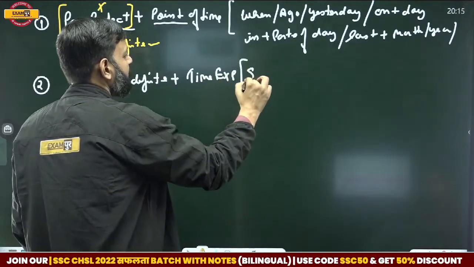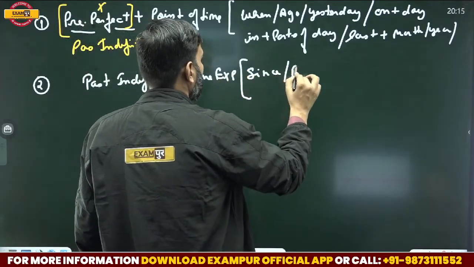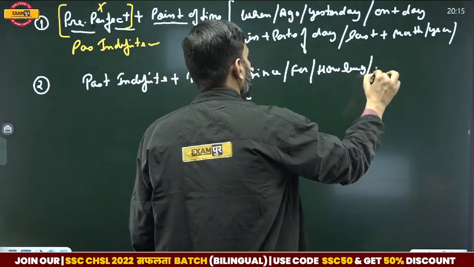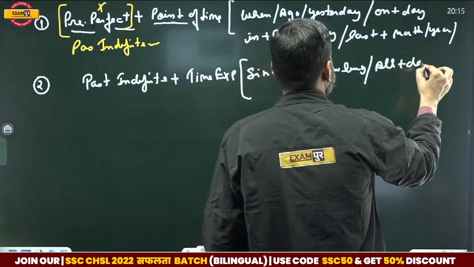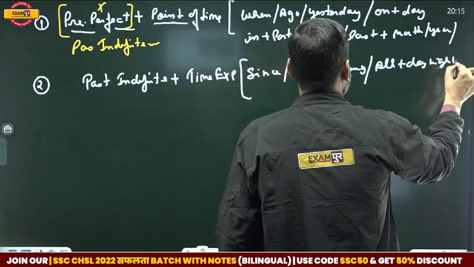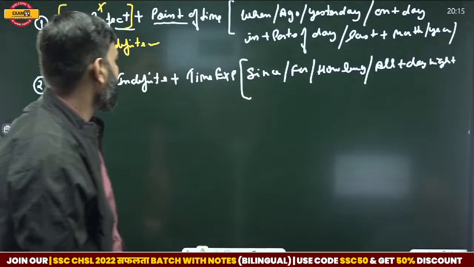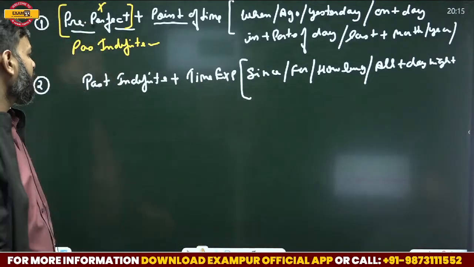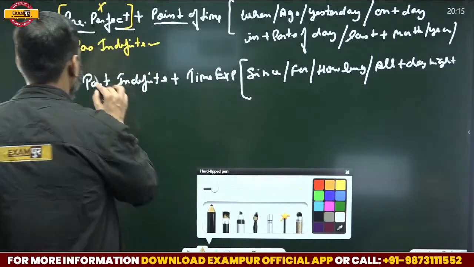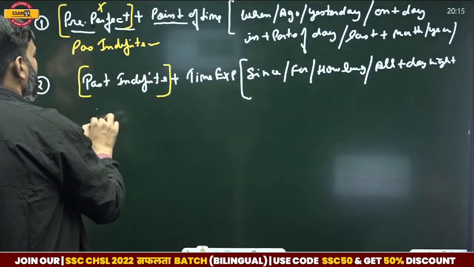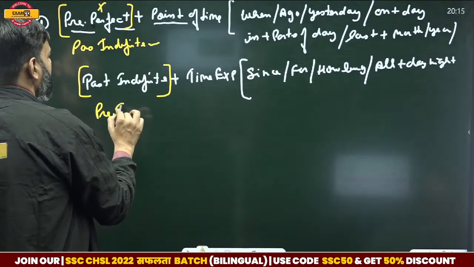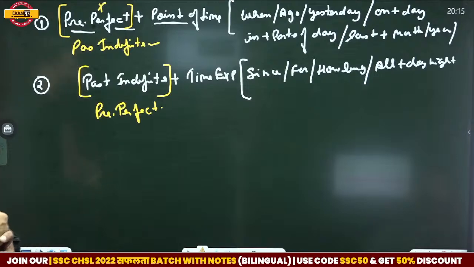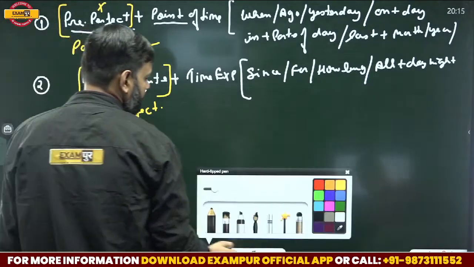Time expression means use of since, for, how long, or all plus day, night, etc. If past indefinite is followed by time expression, this past indefinite tense should be replaced by present perfect. Remember, present perfect.